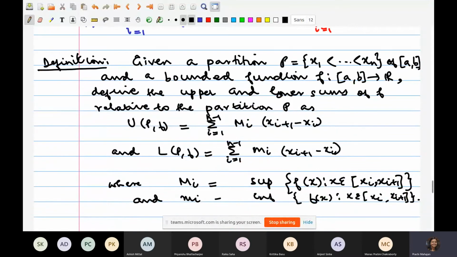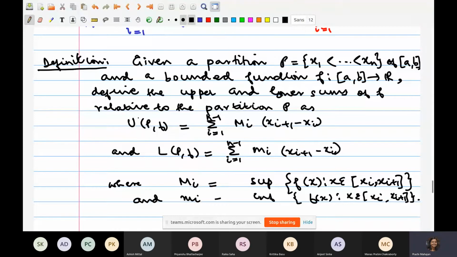Having fixed the partition P of the interval AB, the upper sum is, remember, this capital M_i is the supremum of f restricted to the ith subinterval times the length of the ith subinterval. So what information do I need in order to say that the infimum of U(P, f) exists as I allow P to vary over all possible partitions of the interval AB?